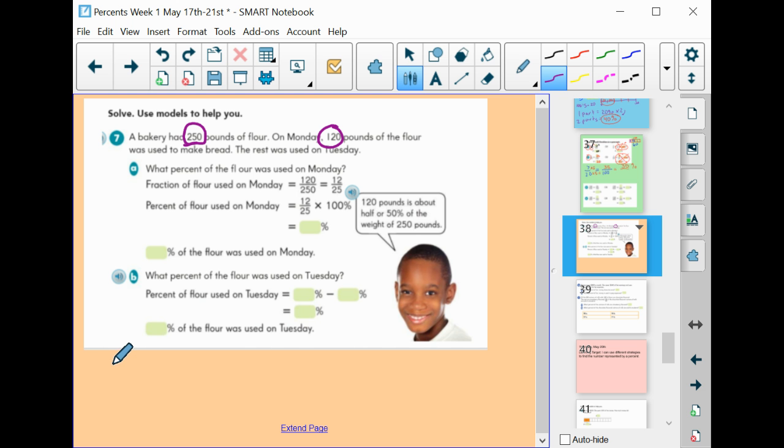We're going to find what percent 120 of 250 is equal to. So 120, 250ths. And we want to find this as a fraction. Okay? Now, this is going to be tricky. But remember when you're doing these, you do have permission to use a calculator. Okay? And so right here, this is what we're going to use to answer A. What percent of the flour was used on Monday?